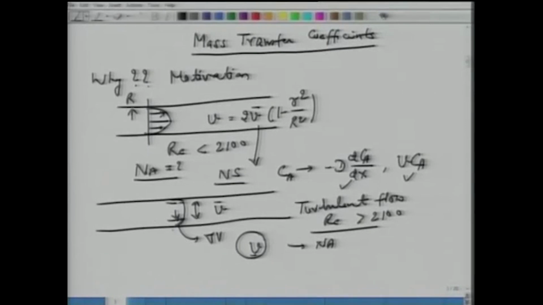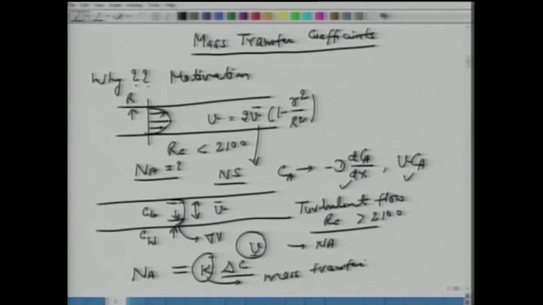In those cases, we would say that if we know the concentration difference from C wall to, say, C bulk, one should be able to write that diffusion flux equals some constant K times this concentration difference. This K is nothing but the mass transfer coefficient.